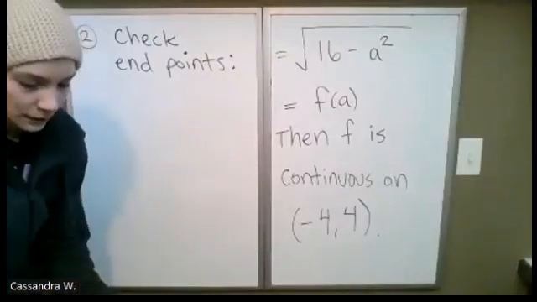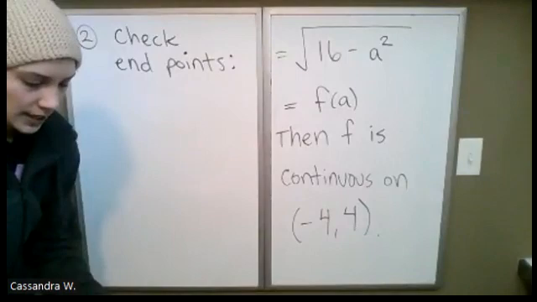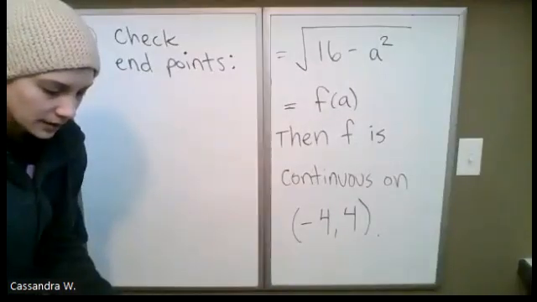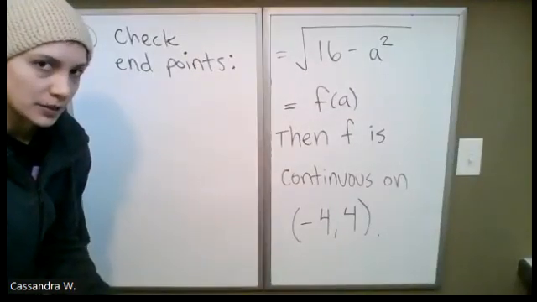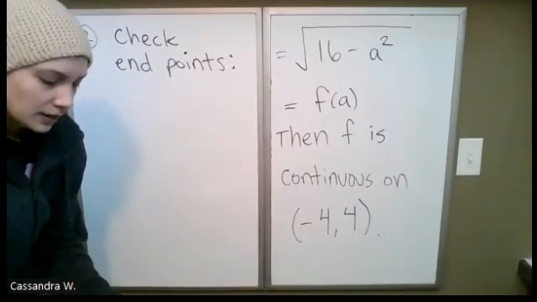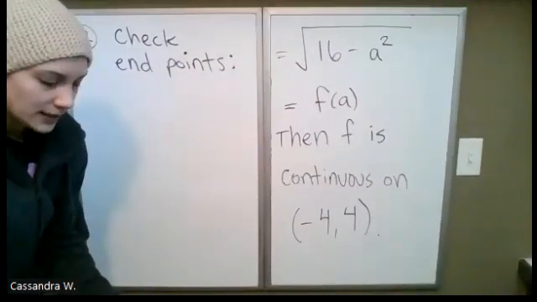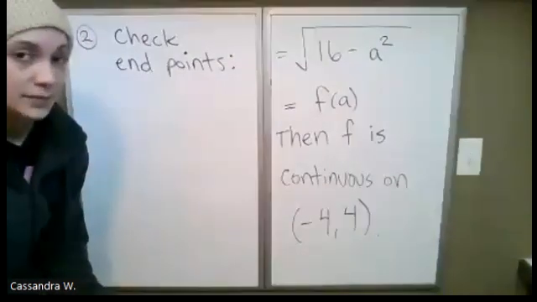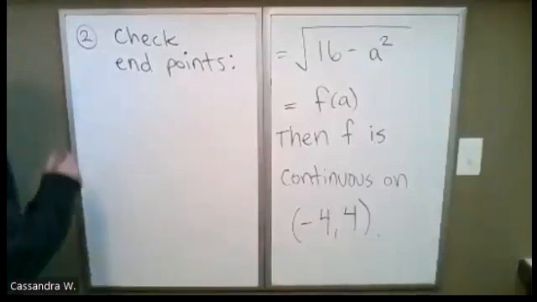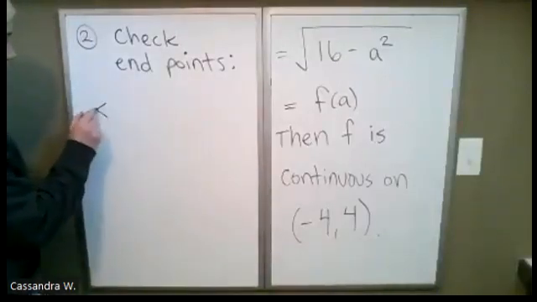Okay, first one is to show that the limit as x goes to -4 from the right of f of x is f of -4, which a picture is going to help. We'll draw a picture. Okay, first picture.